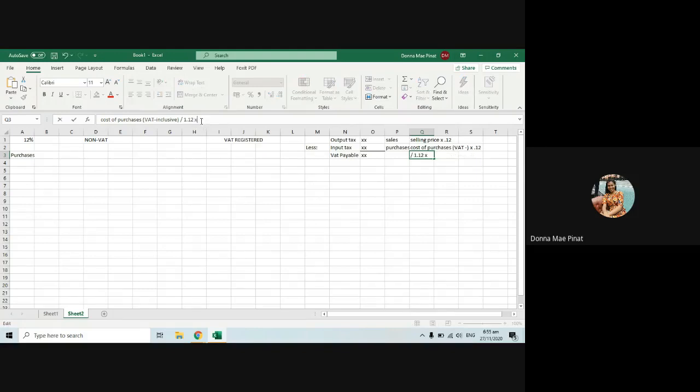Then you multiply by 0.12, and that's how you will get your VAT. So times 0.12, divide by 1.12. Now let's have a sample for purchases.